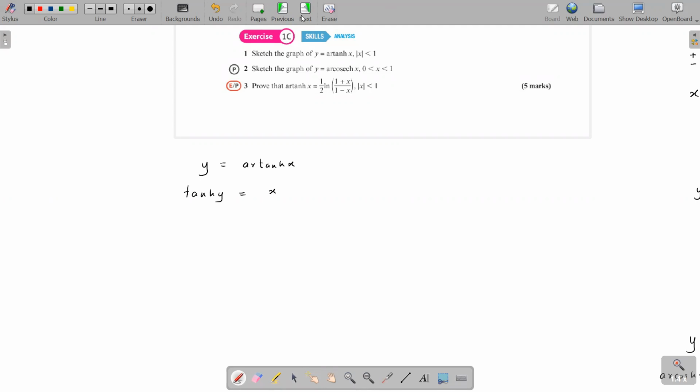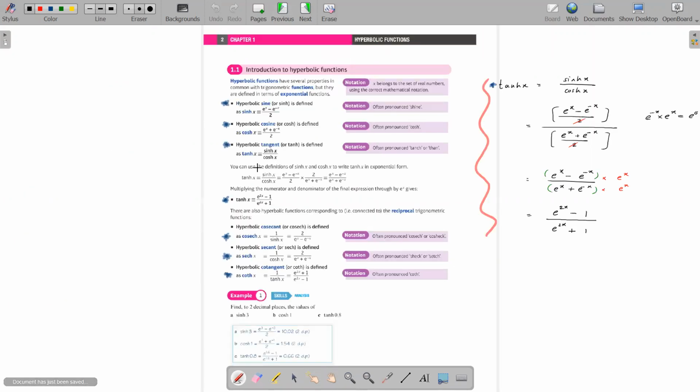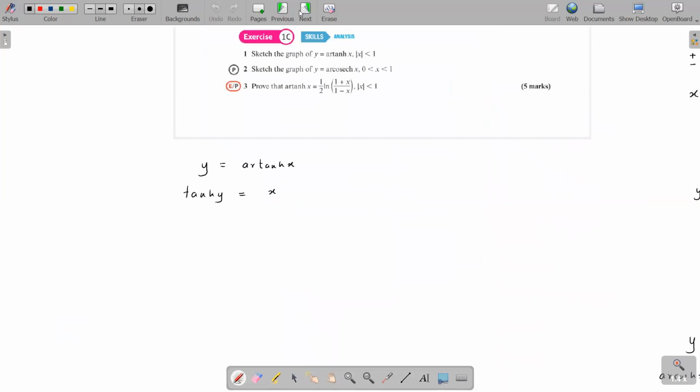What was the expression for tan y? Here tan x is sin x over cos x. It's also given as e to the power 2x minus 1 over e to the power 2x plus 1. That's for tan x, so we are going for tan y. So it's going to be e to the power 2y minus 1 over e to the power 2y plus 1, right, guys? Equals x.